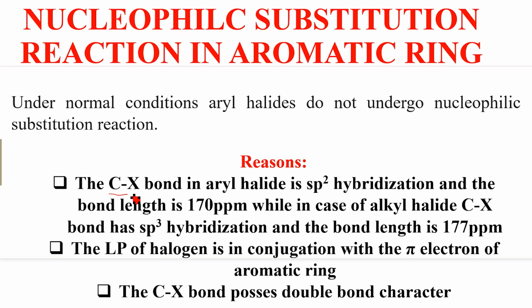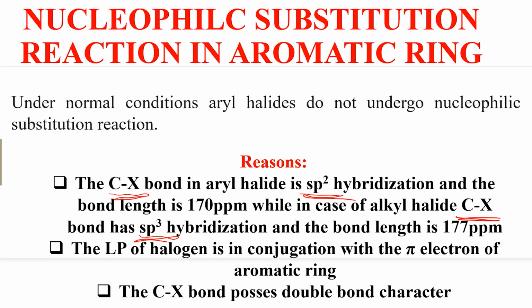If we talk about the reasons why the aryl halides do not undergo nucleophilic substitution reaction, here are a few of them. The carbon halogen bond that we see in aryl halides is sp2 hybridized, whereas when we compare it with alkyl halides, the carbon halogen bond is associated with sp3 hybridization.